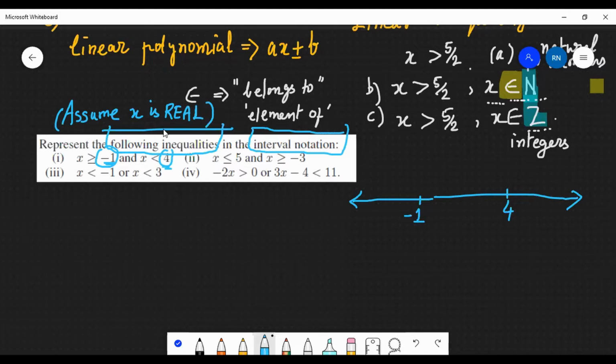So don't wonder what to do. It is considered as a real number only, and that is why the interval notation comes. What is this interval? Interval is very simple. Starting from where, ending where. The left end of the number line is marked negative infinity. The right end of the number line is marked positive infinity.